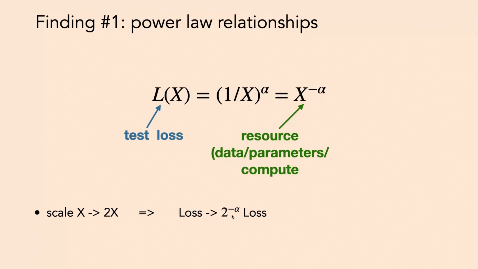So let's say that alpha is 1, just for simplicity. Then if I double my number of data points to train on, my loss will go down by half, right? So 2 to the negative 1 means my loss goes down by half. If I quadruple, my loss becomes a fourth. Okay, so that's the idea of a power law. If I scale my resource, I will scale my loss.